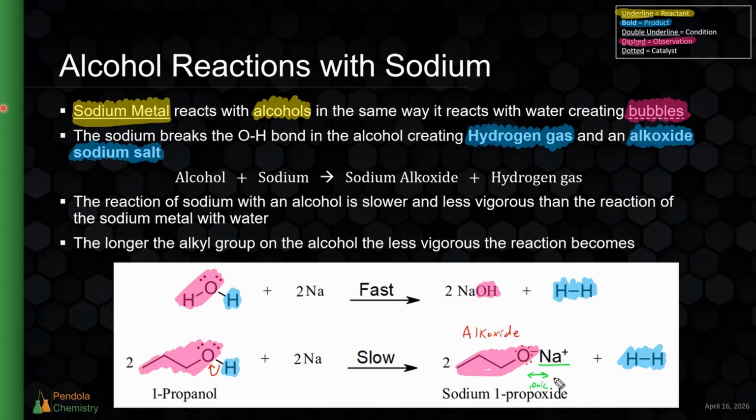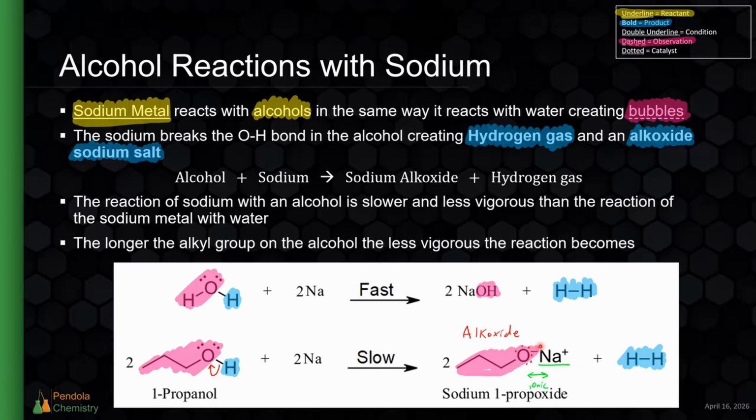So this is a perfect example of a situation where we have both ionic and covalent bonds coexisting. The alkoxide ion created during this reaction is covalently bonded. It's essentially a whole organic molecule that has a charge on one specific atom, very similar to the carbocations that we saw earlier, but with the oxygen having a negative charge instead of a positive one.